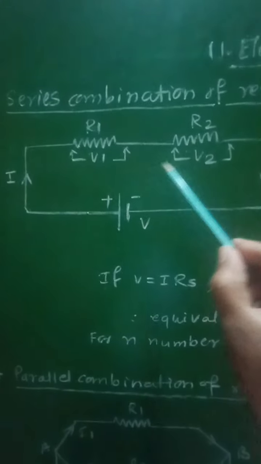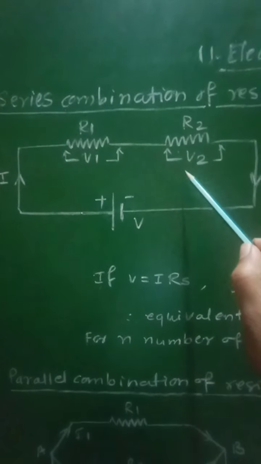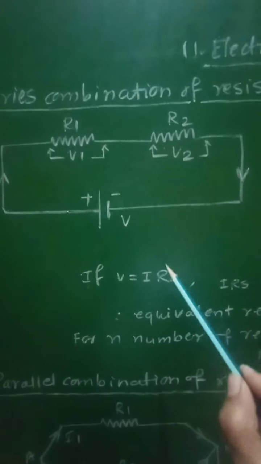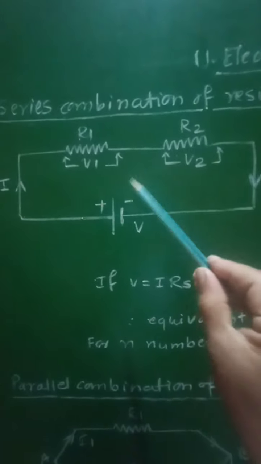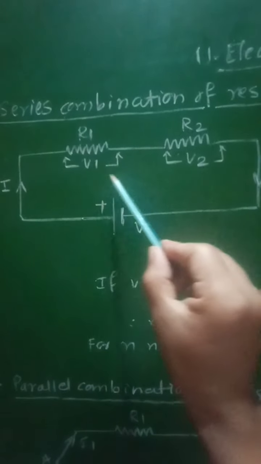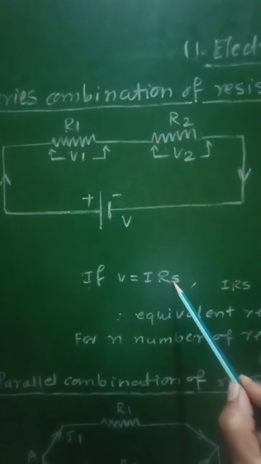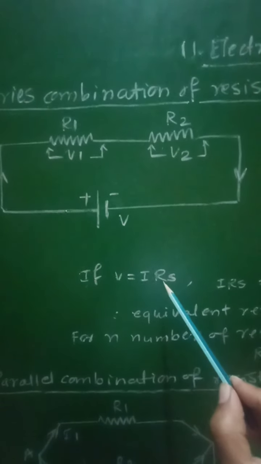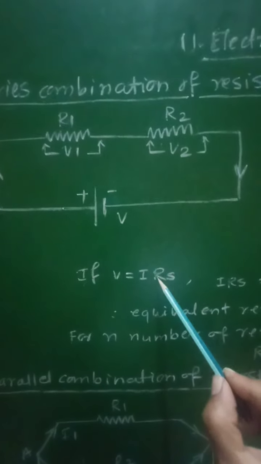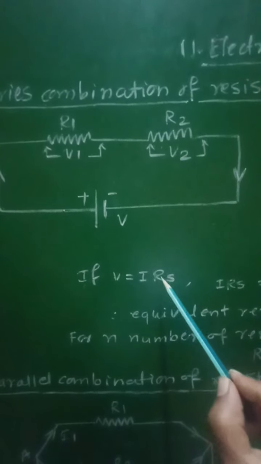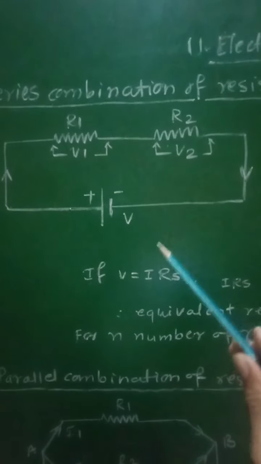Now if for this series combination, the equivalent resistance of all these resistors is equal to RS. S is a suffix here. RS will represent the equivalent resistance of the series combination of all these resistors.